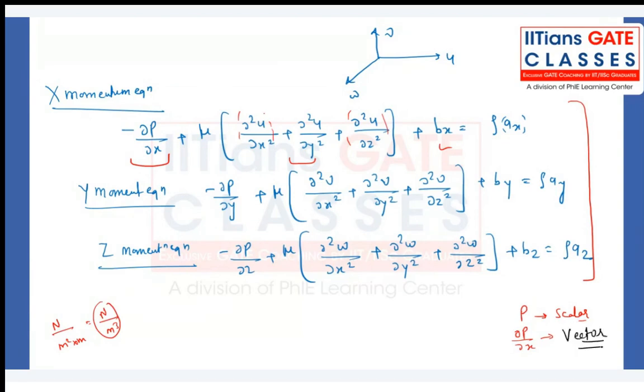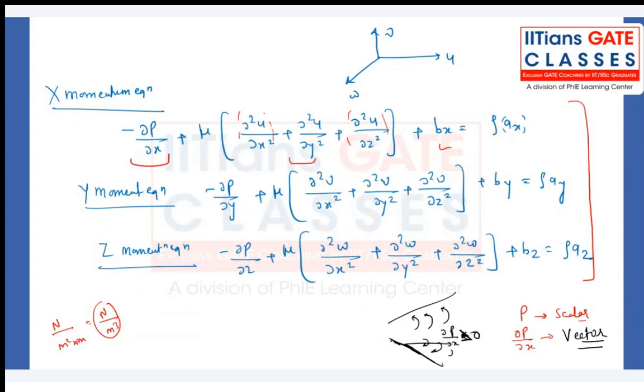So pressure is a scalar quantity that does not give you anything about directions, but dou p by dou x does. In a diverging section, when you see eddy formations and flow separation from certain edges of the diffuser, what is dou p by dou x? This will give dou p by dou x greater than 0.